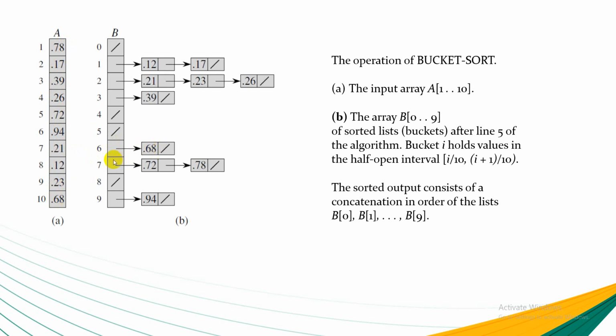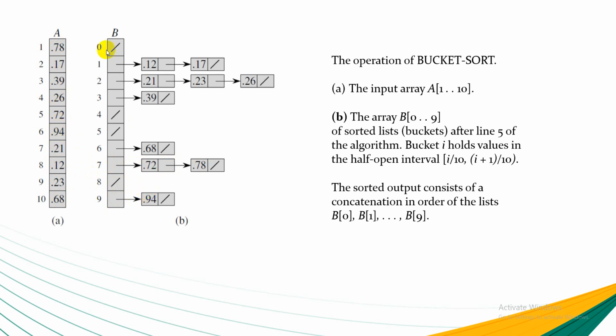And then the next interval from 0.7 to 0.8, we will have 0.78 and 0.72, so two elements in this linked list. The interval from 0.8 to 0.9, there is nothing. And the last interval from 0.9 to 1, there is the element 0.94.